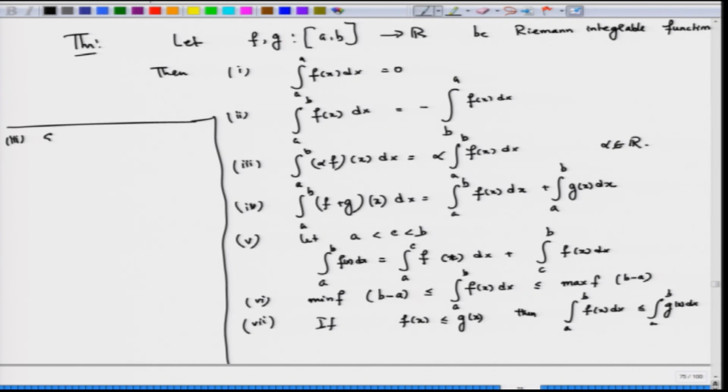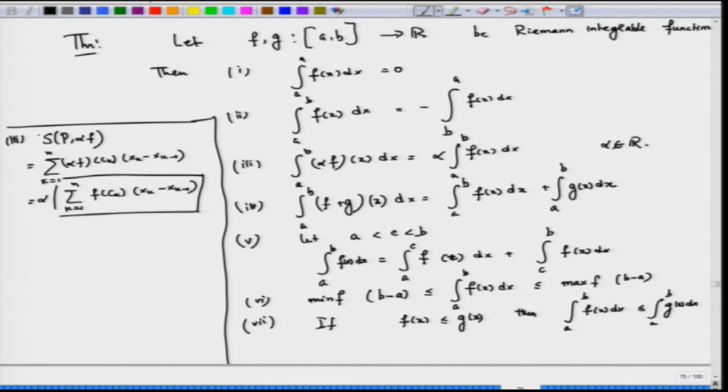What you are looking at, take a partition P. So, you are looking at the sum for the function alpha f. This is equal to summation over k from 1 to n of alpha f of c k times x k minus x k minus 1, which is equal to alpha times summation over k from 1 to n of f of c k times x k minus x k minus 1. Now, we are given that f is Riemann integrable. So, this quantity is nothing but alpha times S P of f.